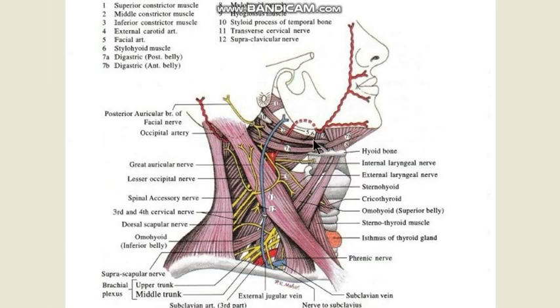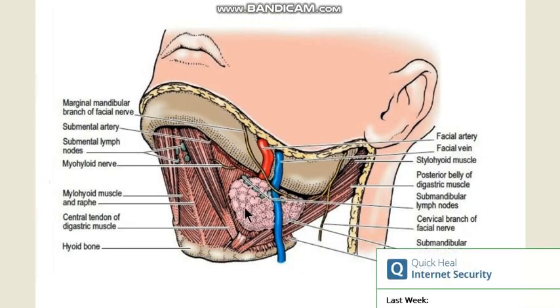Let us see here. You can see the middle constrictor here, but you can see a little bit of the hyoglossus here. So you have the mylohyoid, hyoglossus and middle constrictor. Now to study the contents, you have to study in the anterior part of the triangle.